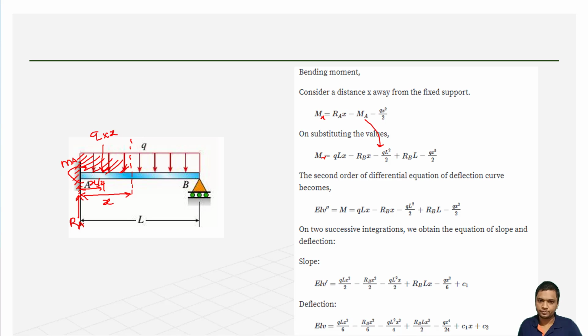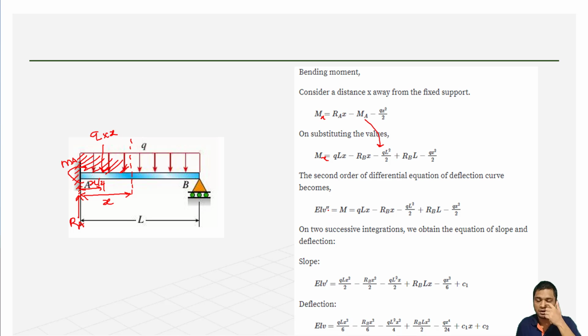Now the second order differential equation for deflection curve: if we differentiate this, EI into d2v by dx2, right? So this is the moment equation.